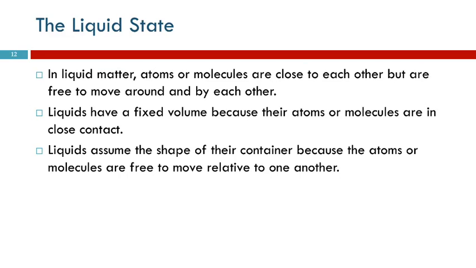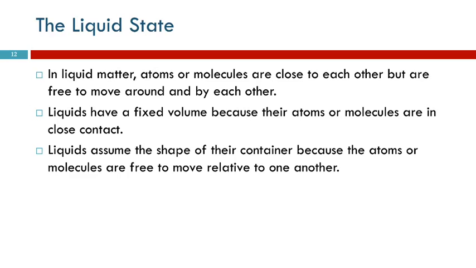In the liquid state, the atoms or molecules are still close together, but now they can move relative to each other and slide around. So for students, the liquid state would be equivalent to lab. When we are in lab, we are still in close quarters. We're close to each other, but now everybody's moving around. You need to get up and weigh something. Somebody else needs to go get a beaker, and we're moving around.